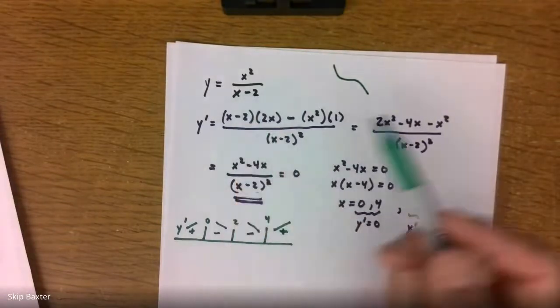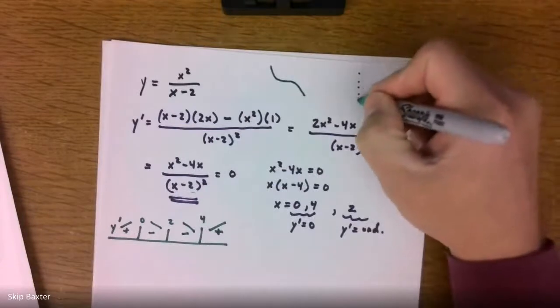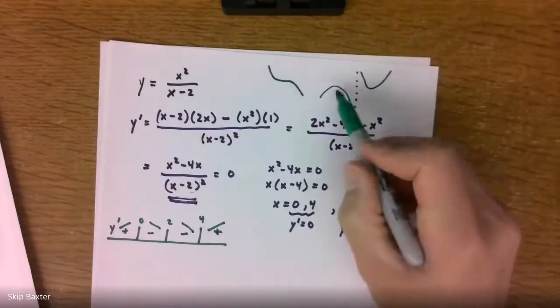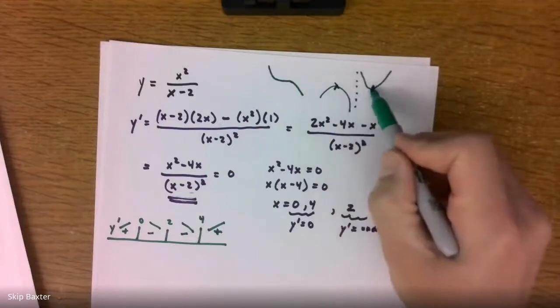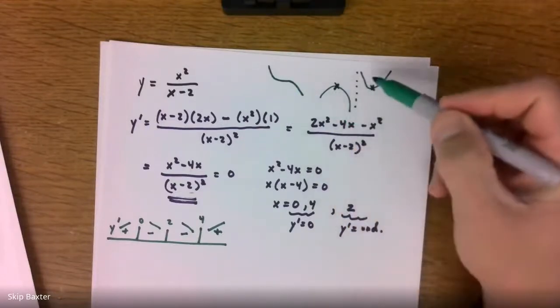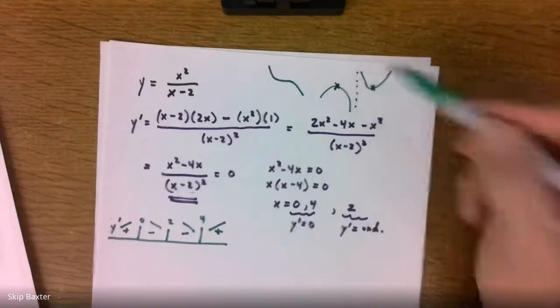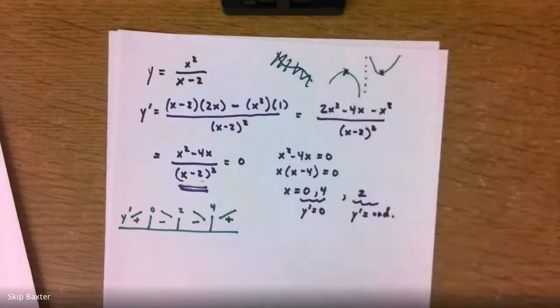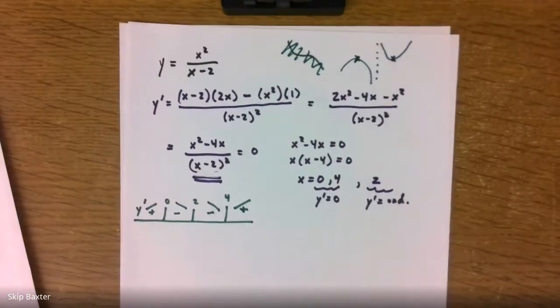There's actually an asymptote there. So this curve probably looks like this. Here's 2. The curve probably looks something like this, where there's a maximum over here, and a minimum here, and at 2, there's an asymptote. It's not this curve. It's that curve. All right, but let's just continue this process.